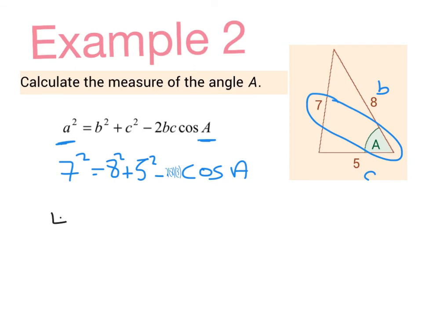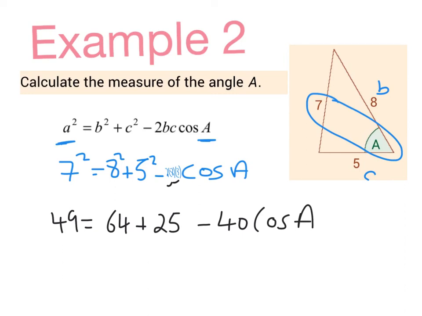So I'm getting 49 equals, so 8 squared is obviously 64. Sorry, it's not terrible maths there. 64 plus 25 plus 8 fives is 40 times 2. So it'll actually be a minus, won't it? So it'll be minus 40 cos A. Okay, so that's going to give me 89, does that give me 89?